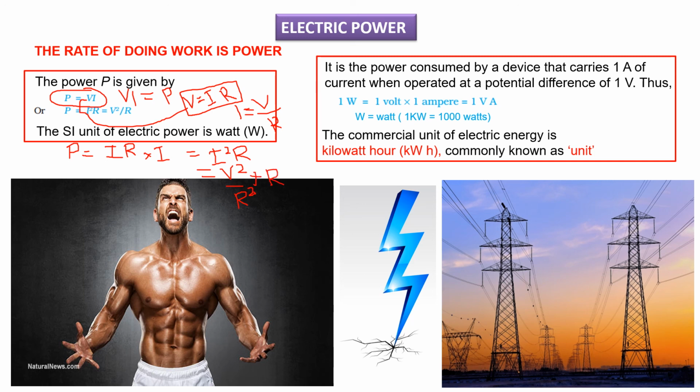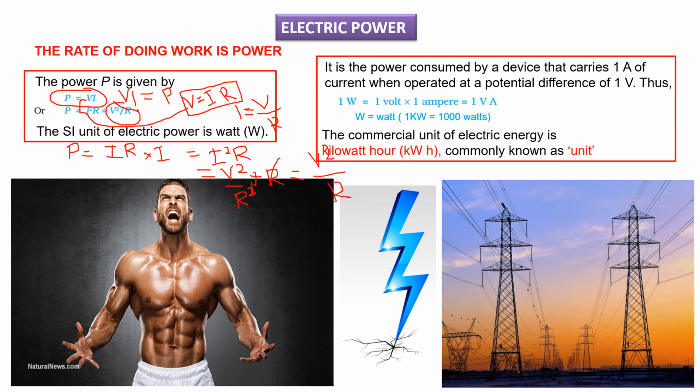So this R gets cancelled. What is left over? Left over is V square by R. That is what is shown here. See, V square by R. Power is equal to V square by R. You know the formula VIP. That's it. Based on that, you can derive any formula based on the data given in the problem.